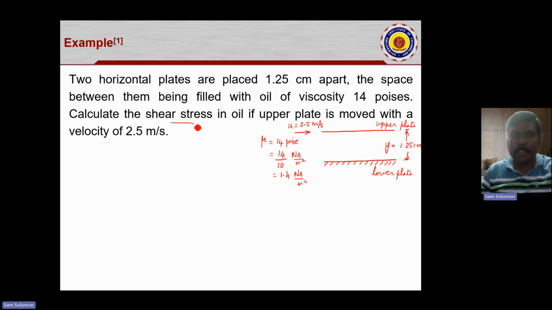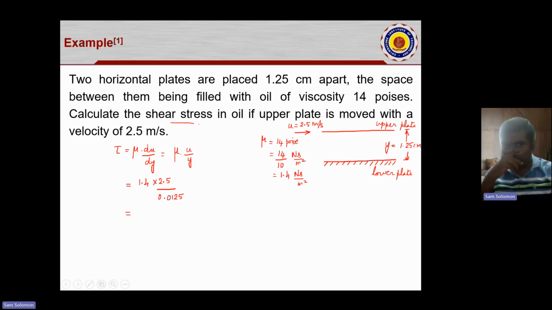They want us to find out the value of the shear stress. So we can once again use the relation tau is mu times du by dy, which can be written as mu times u divided by y. The value of mu is 1.4. The value of the velocity is 2.5, and the distance of separation is 0.0125. That should give us the value of tau.